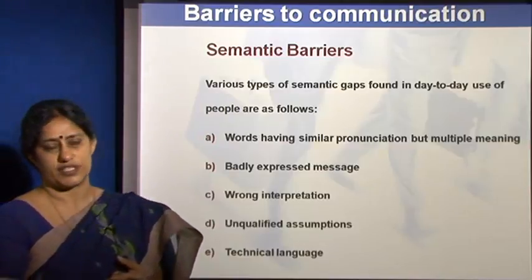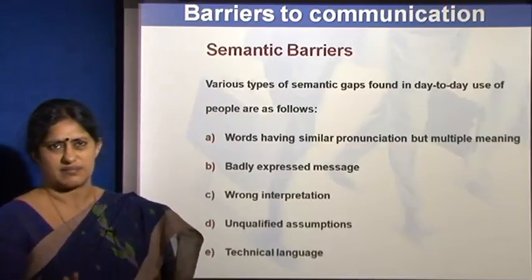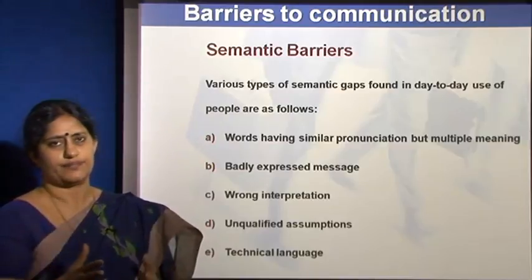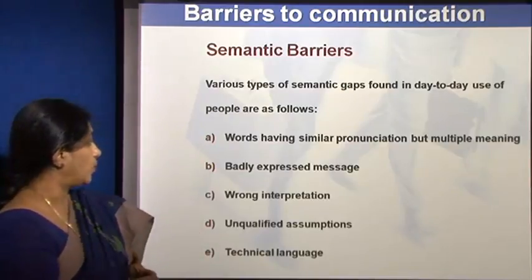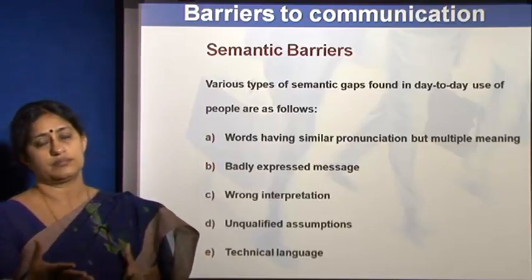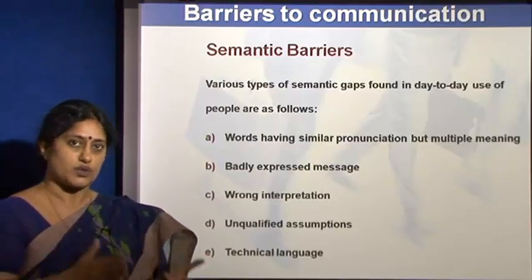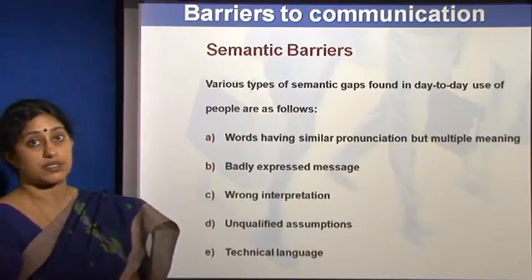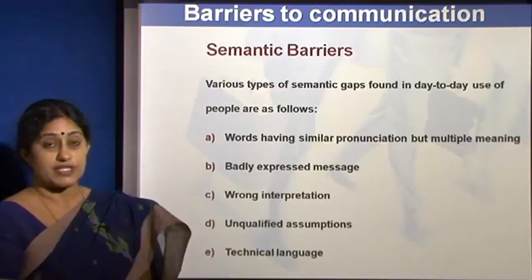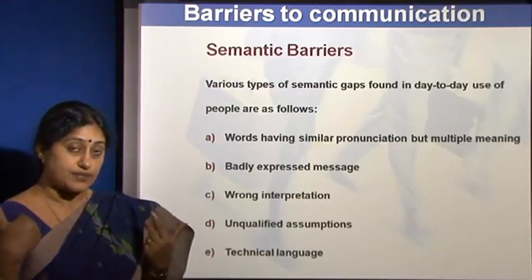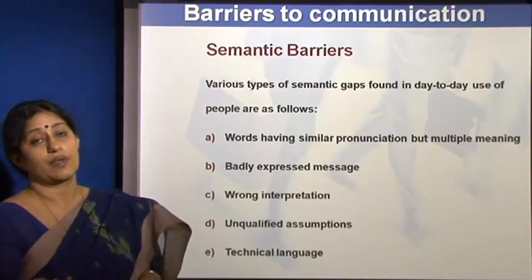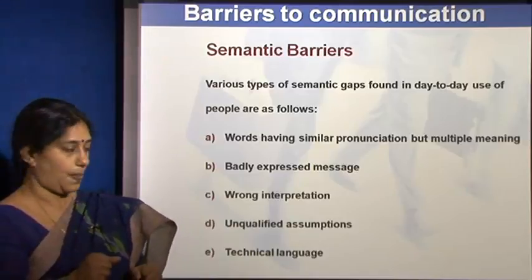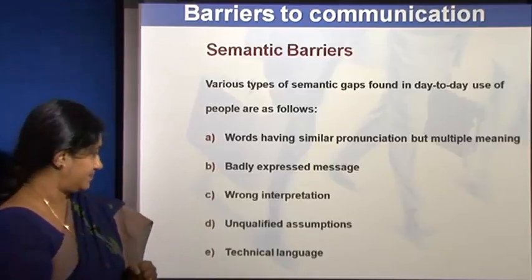Badly expressed message, not well written, and hence it does not convey. Wrong interpretation. What you wanted to say was not the way it was understood. Unqualified assumptions. So when the message was passed, there were some unqualified assumptions made by the person who was hearing it. Hence assumptions were not clear.